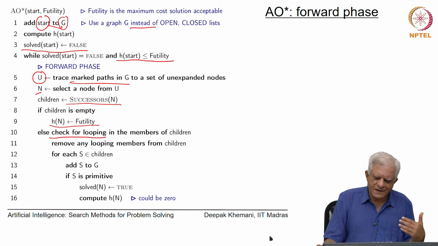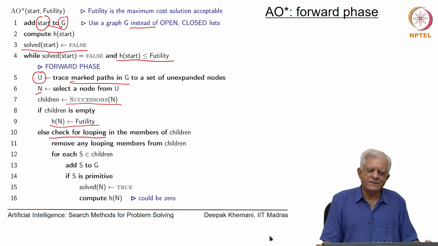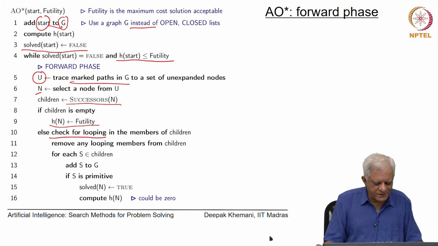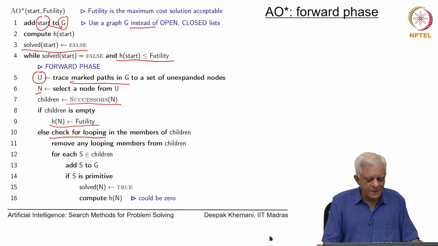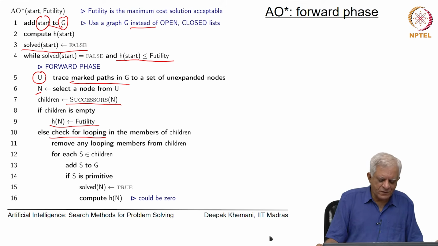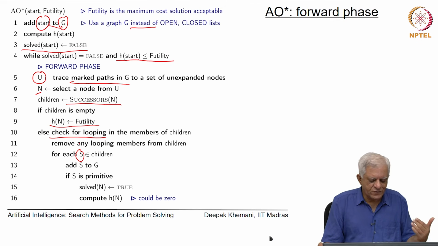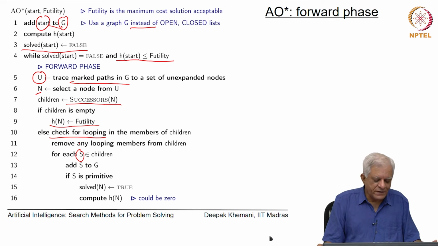Of course, like it happened in the case of DFID, if we keep looping and keep adding edge costs to the solution, then eventually your attention will turn away, but you might as well catch looping earlier if possible. So, if there is any looping, then remove looping members from the children. Now you are left with a set of children S that you will explore.